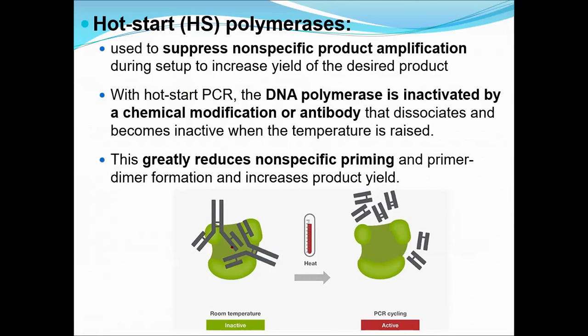Here the example shows a polymerase bound to an antibody, and when the denaturation temperature is reached, the antibody, which is a protein, gets denatured and the polymerase is free and can perform its activity. So this is inactive at room temperature and active at the higher temperature. This greatly reduces non-specific priming and primer-dimer formation.